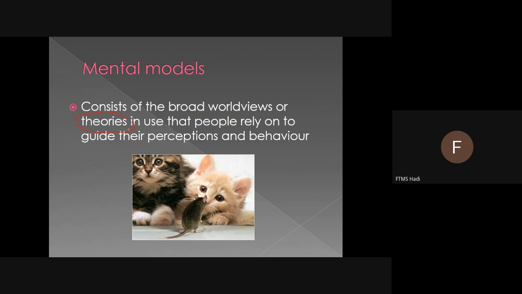And also mental models about gender equality. There is a theory that a woman should only stay at home and become a housewife. But sometimes it is not true. Only males can go to work, only females can stay at home. That is a mental model, because the perception is based on the law.